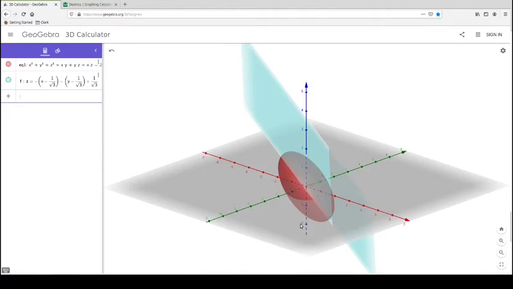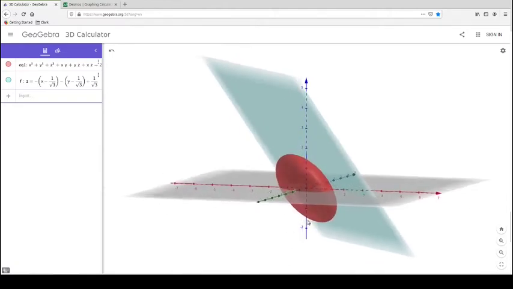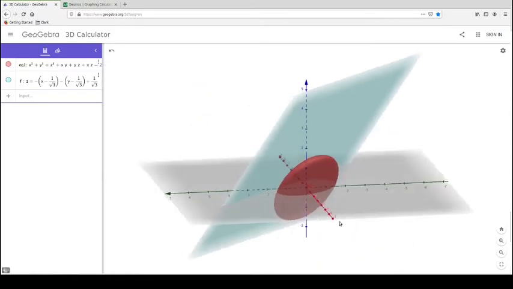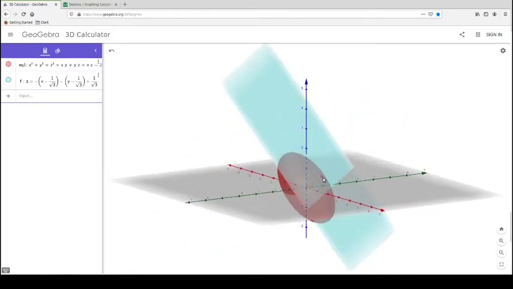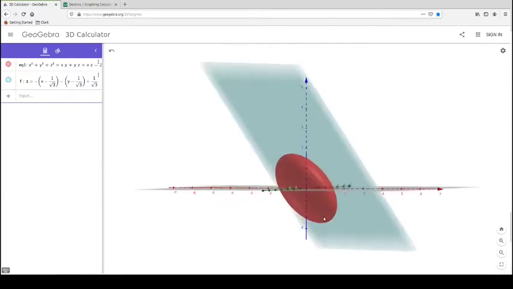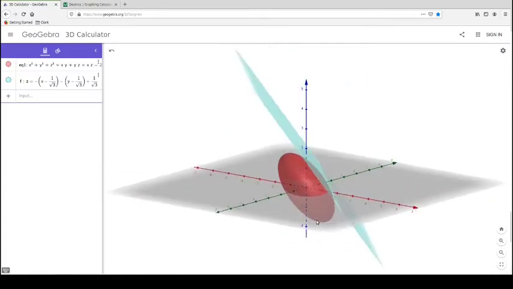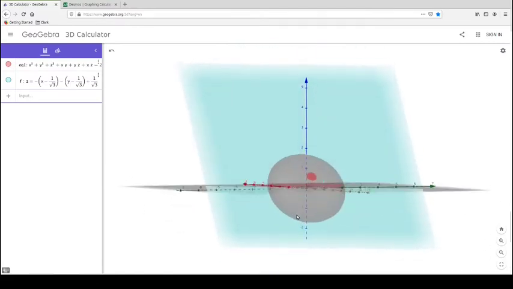And sure enough, on this level surface right here at the point 1 over root 3, 1 over root 3, 1 over root 3, which is exactly this point right here, this plane that we calculated to be the tangent plane is giving us exactly that. We have that this is 100% the tangent plane to this surface at that point.